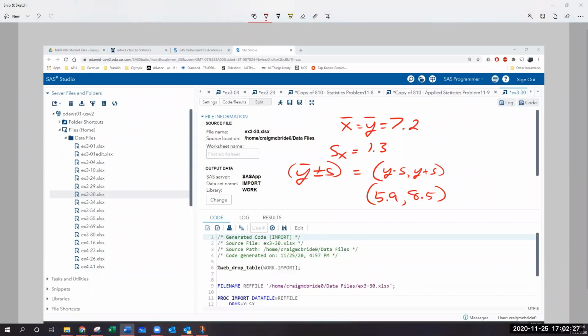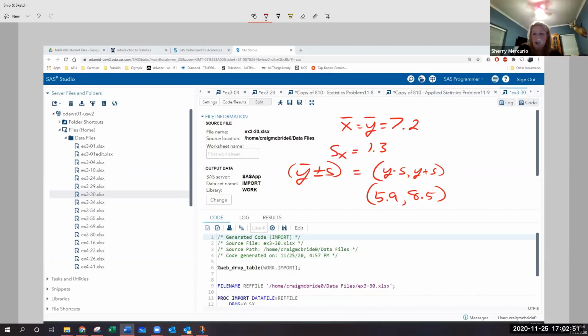Then the second interval is going to be y bar plus and minus 2 s's. So you're going to subtract 1.3 twice and basically get 4.6. And then you're going to add 1.3 twice, right? And basically get, what's that, 9.8.